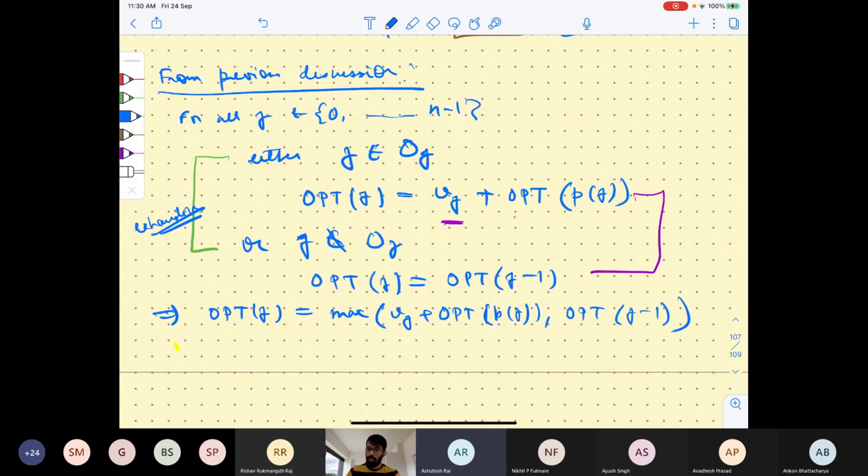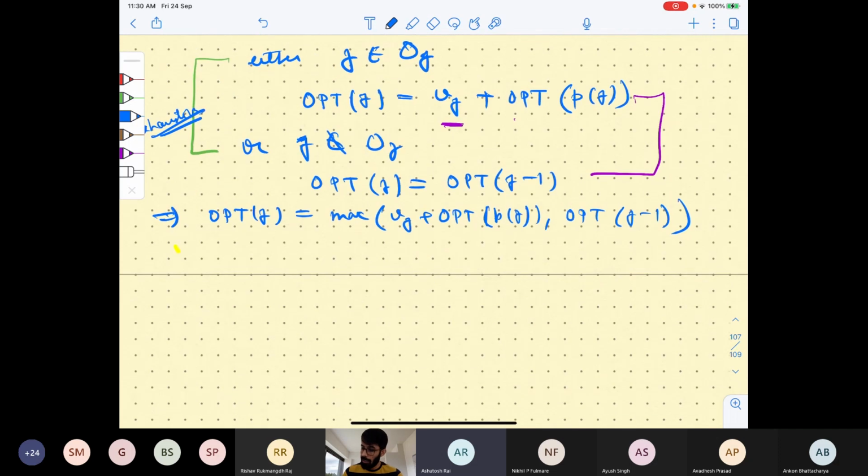And from this, we can even decide whether j belongs to the optimum solution or not. So this is opt of j, this is the value. And suppose we want to find the solution. Suppose we want to decide whether j belongs to oj, right?